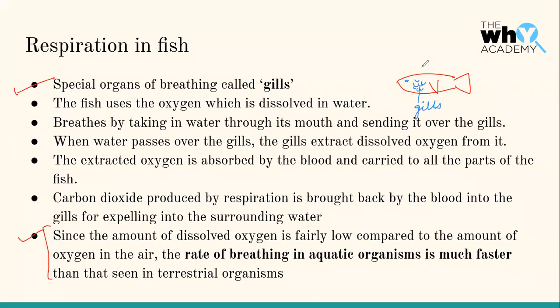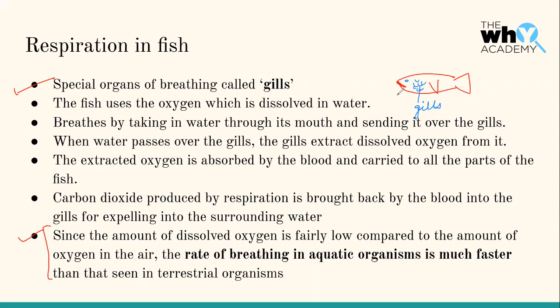Okay, so fish also has a mouth, right? So they do take in air from the mouth, but just like we have alveoli in our lungs and we have a complicated system like that, the gills are the one responsible for extracting the oxygen from the water.